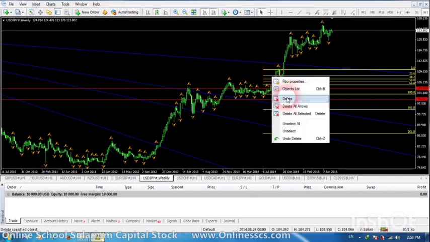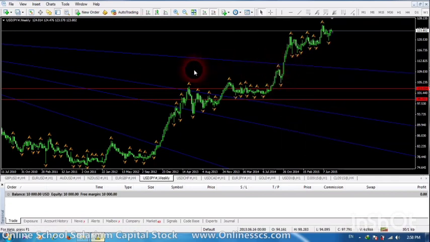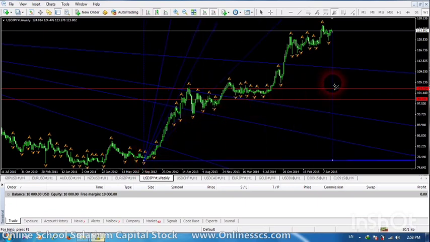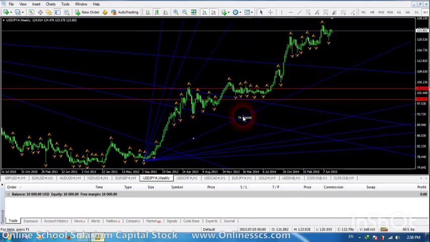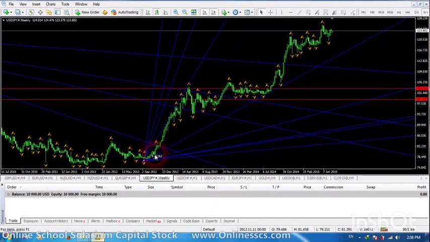And so we would have closed the order here, and when the first line is broken again, this Gann is not reliable anymore. And we have to update it and draw a new one, which would be the next swing high here.